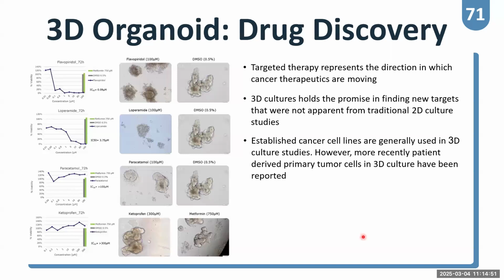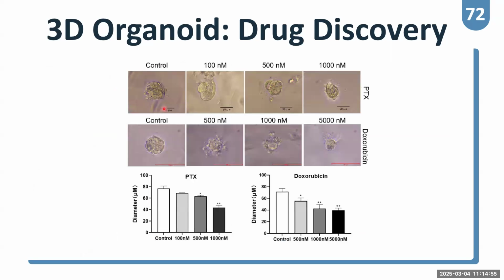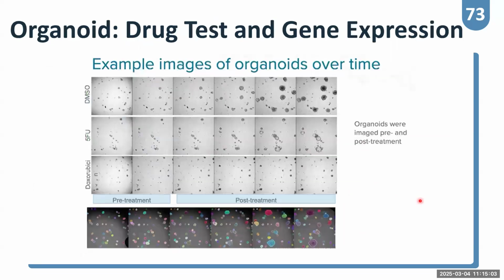Okay, and use the organoid to test the drug. Test the drug at different concentrations and plot the graph to report that they respond to the drug, rapamycin and also doxorubicin. As I mentioned, now the AI can monitor organoids time by time for you.